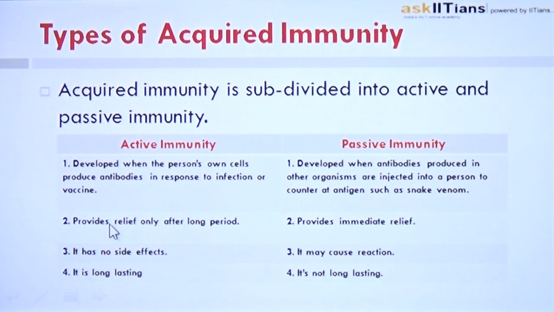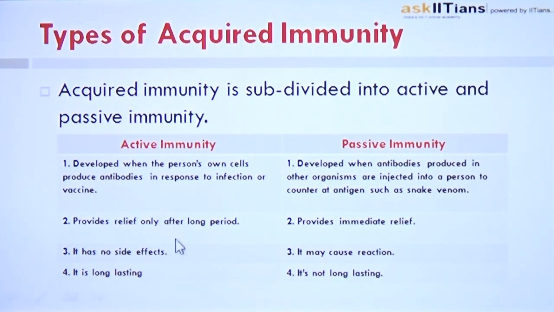Active immunity provides relief only after a long period. It takes time, it may take hours, it may take days. But passive immunity provides immediate relief. Active immunity has no side effects because it is a natural phenomenon of our own cells.